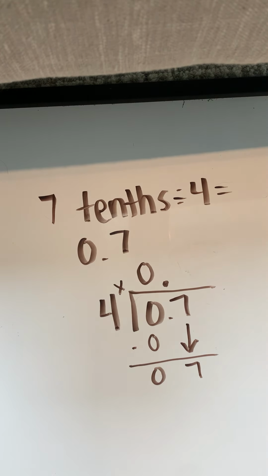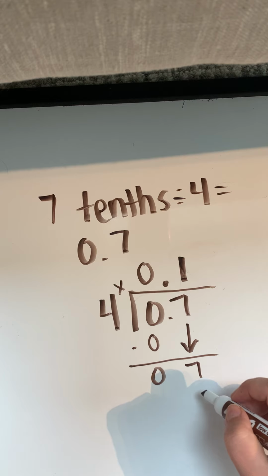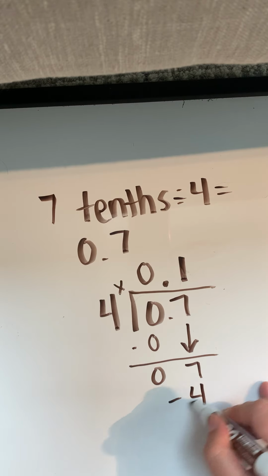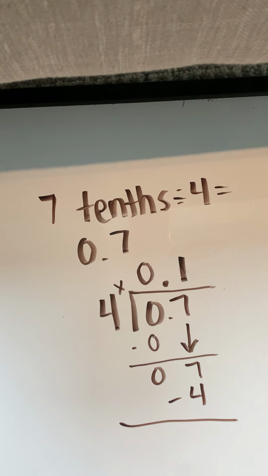Oh, Lord. All right. 4 times 2 is 8, Miss Cantrell, so that can't be it either. All right, so 4 times 1 will get us close to 7, but not over. 4 times 1 is 4. 7 minus 4 is, good job, 3.